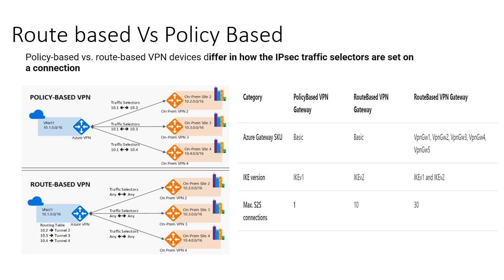Before going forward on this topic, we have to understand there are different types of VPN gateway you can create. One is route based, another one is policy based. Policy-based versus route-based VPN gateways differ in how IPsec traffic selectors are set on a connection. As you can see here, you have IPs set for those traffic selectors.